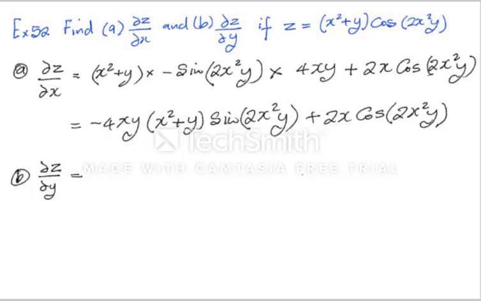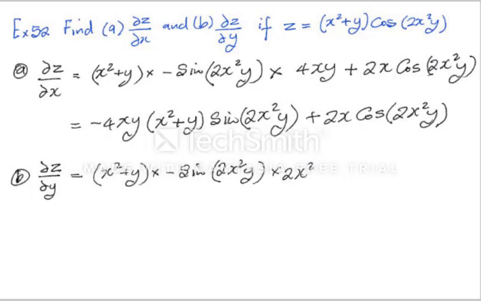Leave the first. We're going to have x squared plus y. Differentiate the second. So that's times minus sine 2x squared y. Now we're going to multiply by the differentiation of the inside function. So if we differentiate 2x squared y partially with respect to y, you're going to treat the 2x squared as a constant. So it's going to be multiplied by 2x squared.